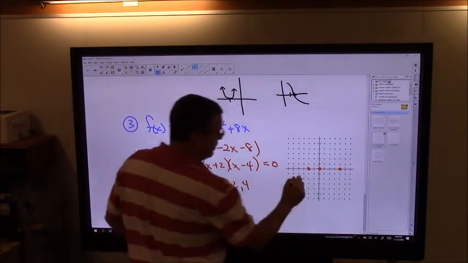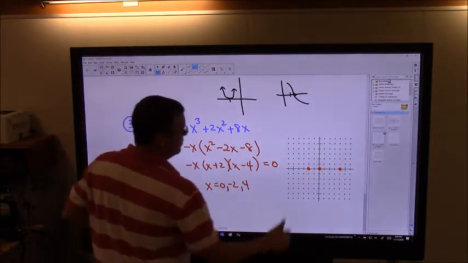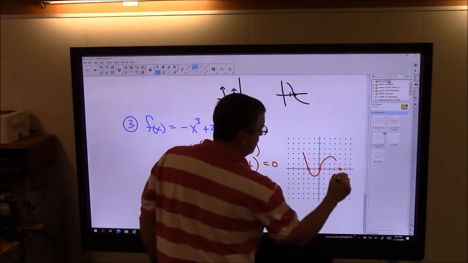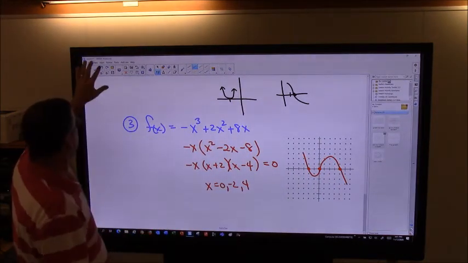Now, at this point, does the graph look like this, or does it look like this? That's where our end behavior is going to help us out.